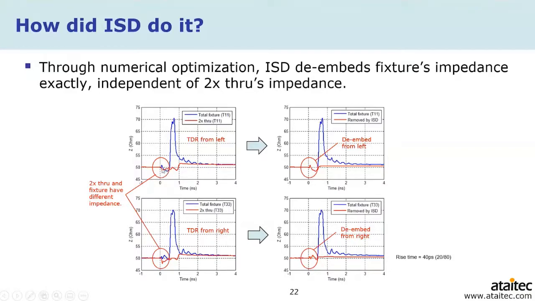We say, well, we don't use the 2x through impedance to do the embedding. We will still follow the fixture's impedance to do the embedding, which we can tell from the TDR waveform. And then, of course, after the embedding, we don't have causality error.